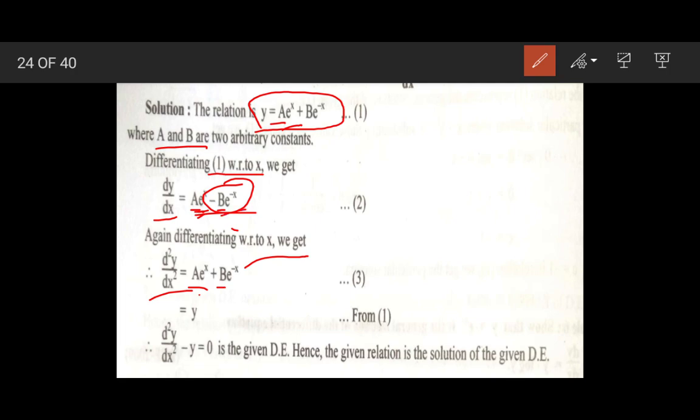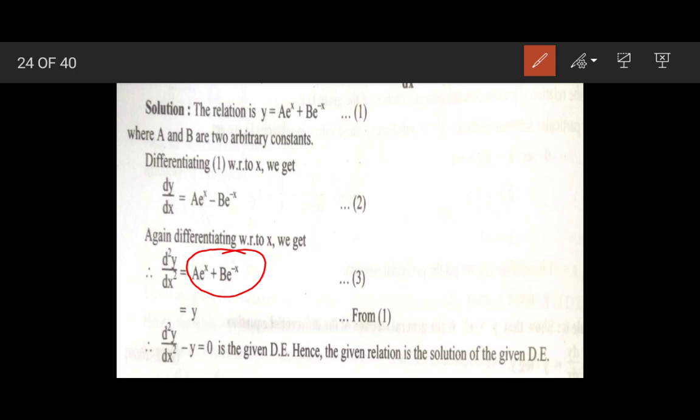Then derivative of e raised to minus x will be e raised to minus x into coefficient of x. Coefficient of x is minus 1, and hence we get minus minus as plus, plus b e raised to minus x.